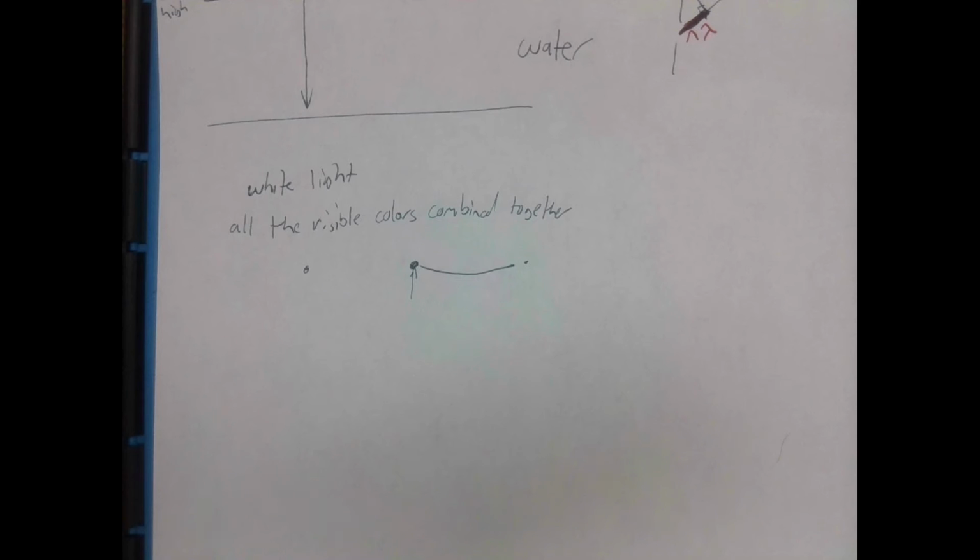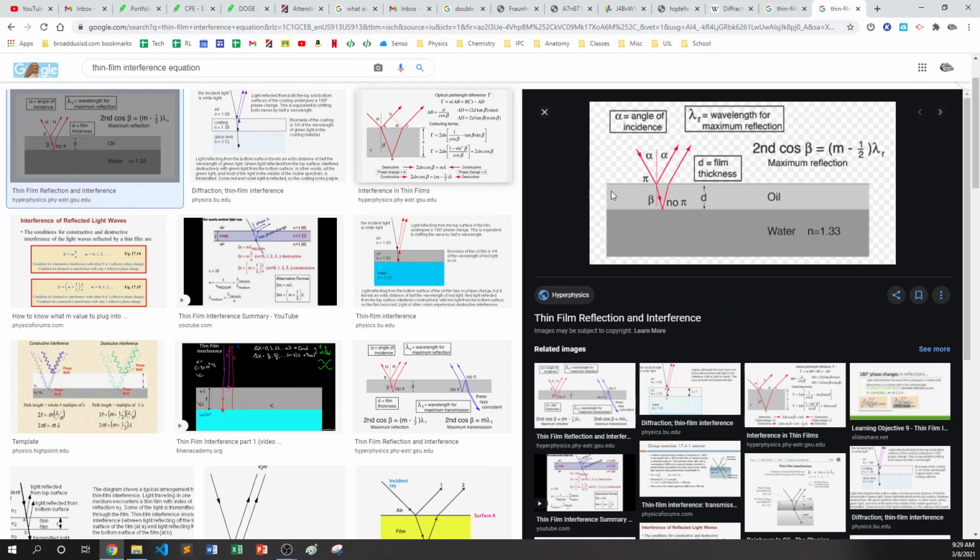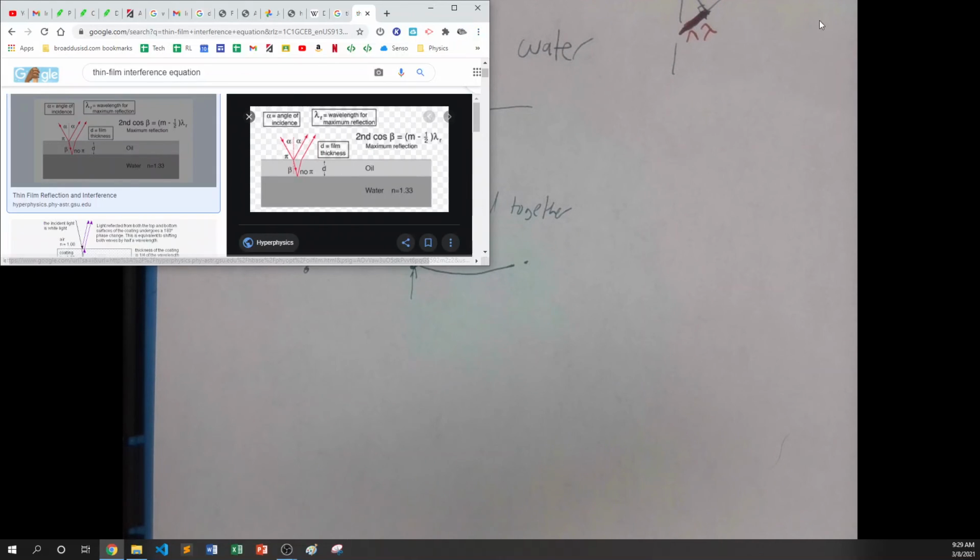Thin film interference equation. It's 2t cosine. Oh, second. What is it?